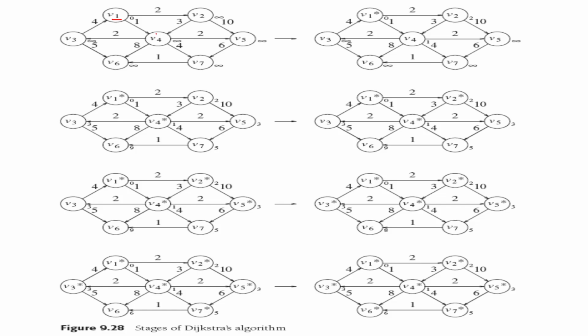Now we can see that from v1, the asterisk means v1 is known to us now. From v1 we can reach v2, and from v1 we can also reach v4, so I need to update the distances.